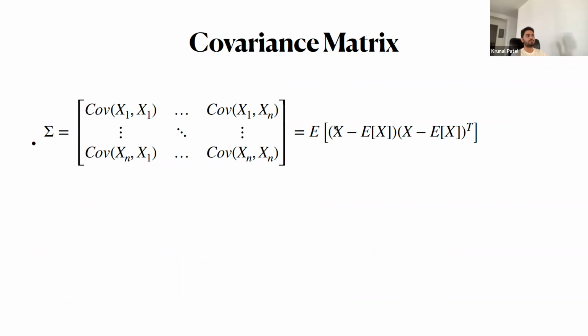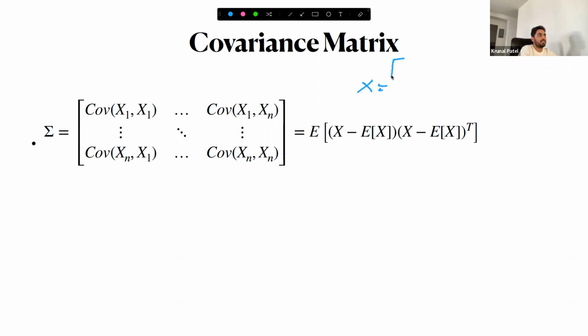If you put all your random variables together, x is basically the column vector of x1, x2, up to xn.